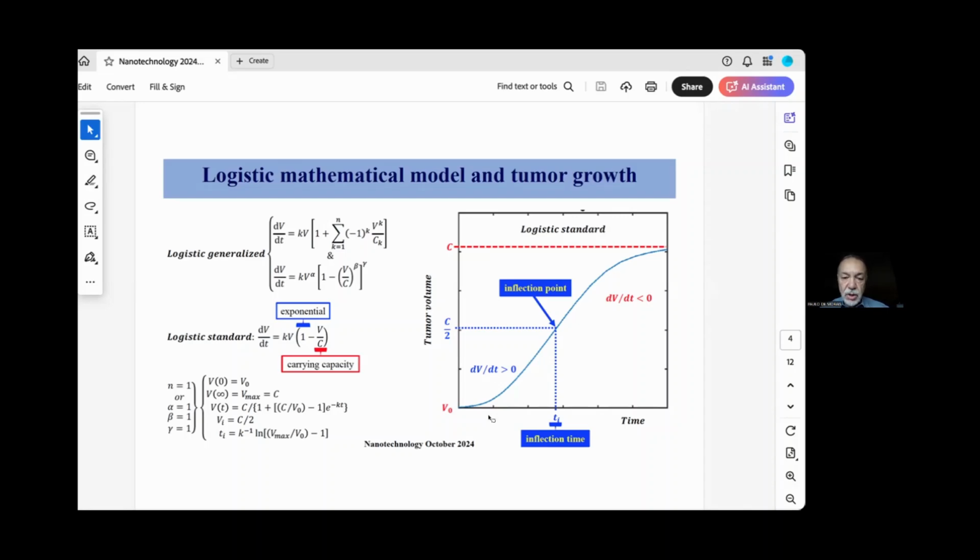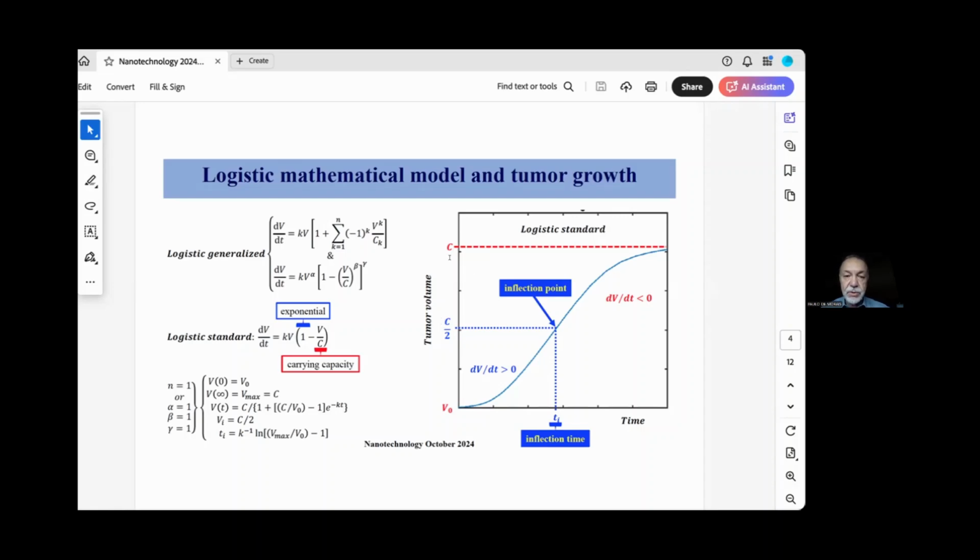I have two interesting points to remind you here. First, the asymptotic volume is what we call the carrying capacity, the constant C in the differential equation, and it appears in the solution of this differential equation.